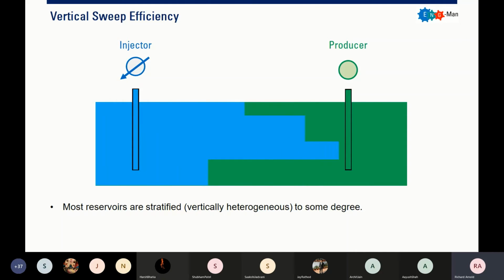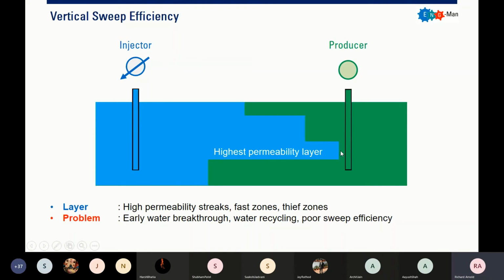Most reservoirs are stratified, vertically heterogeneous to some degree. So finally, you will get this kind of performance because of vertical heterogeneity. And of course, this level is actually the highest permeability layer, because your water moves at a faster rate at this layer.